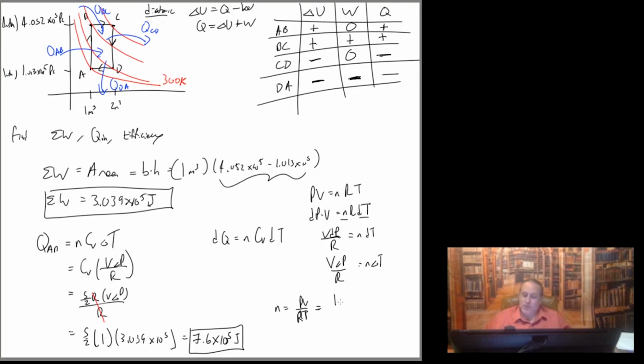That would be 1.013 times 10 to the 5th, I'm just going to pick point A, times 1 over 8.31 times 300. It's going to be a very large number of moles. Maybe not very large, but large. So 40.6.